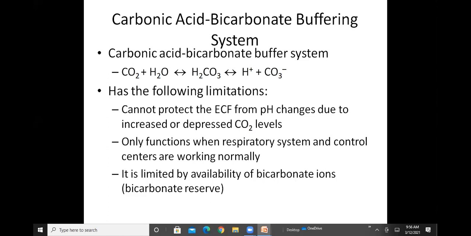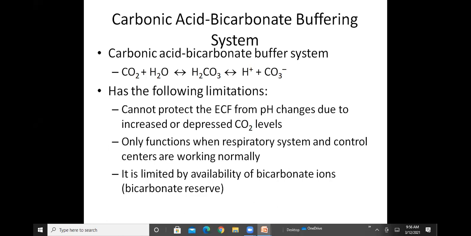Now, however, the carbonic acid, if it is not acted upon by the enzyme carbonic anhydrase, can give up its proton, depending on what happens to the pH.